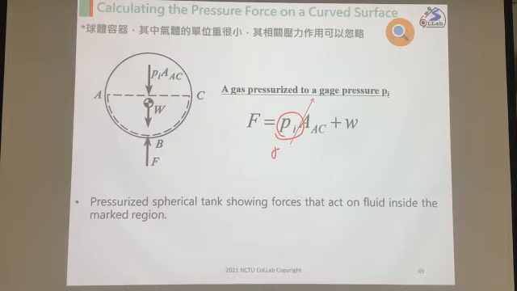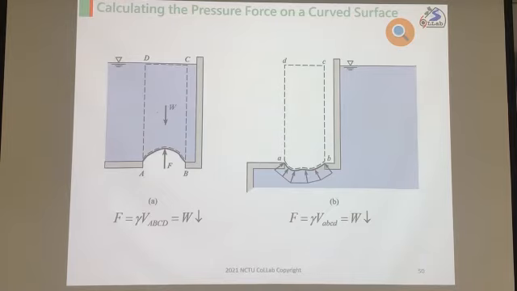So we don't take care of this. Only the fluid weight contributions are here. Okay, I just introduce this very quickly. This is also not a flat shape. This is a curved surface, and you need to overcome the water loadings.